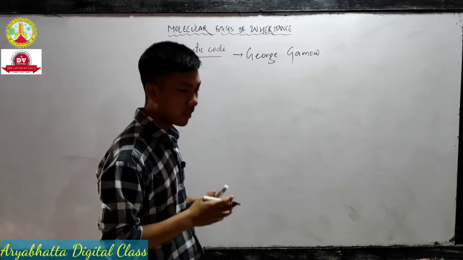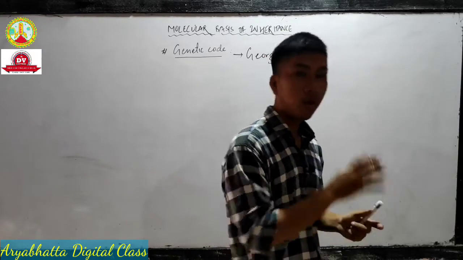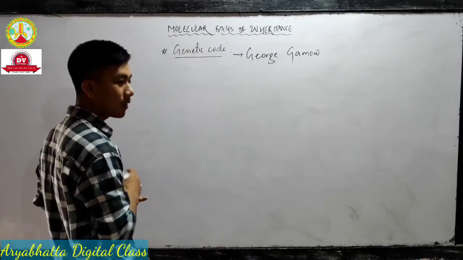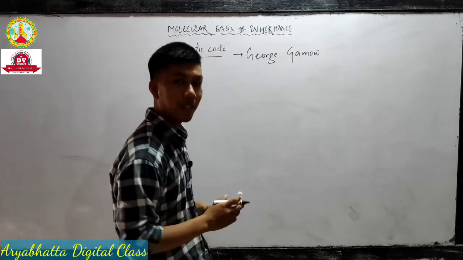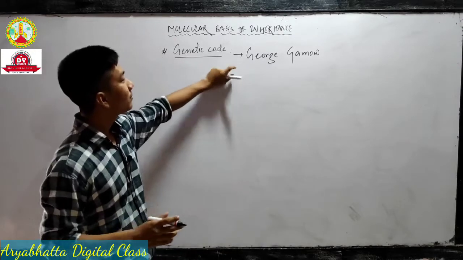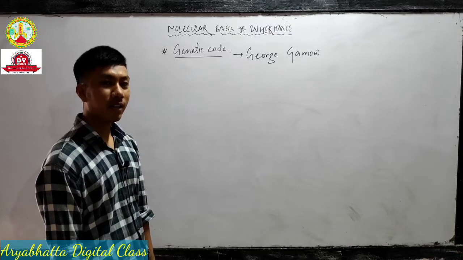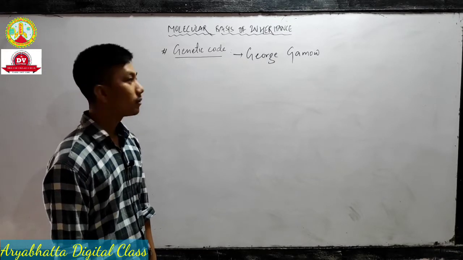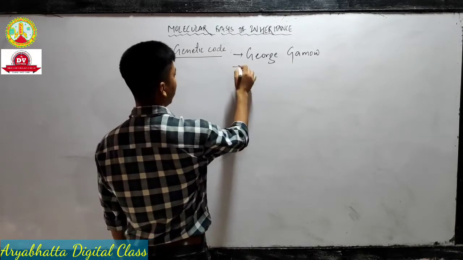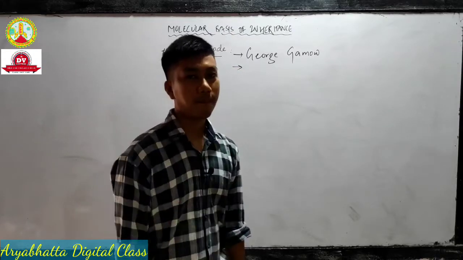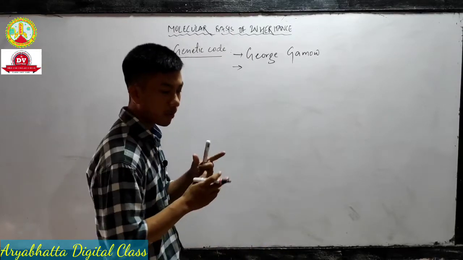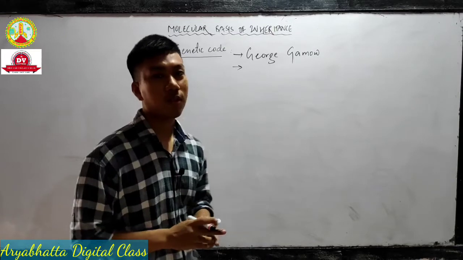Yes, he was the first scientist who discovered genetic code. All scientist names are male, there is no female. So genetic code was first discovered by George Gamow. Now we're going to write some important features of genetic code.